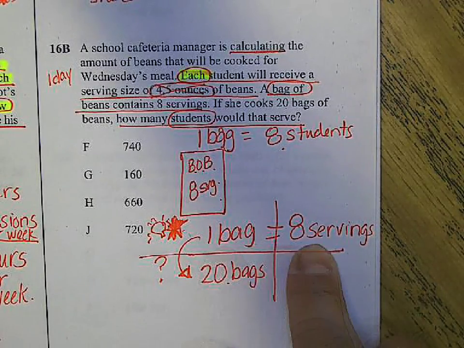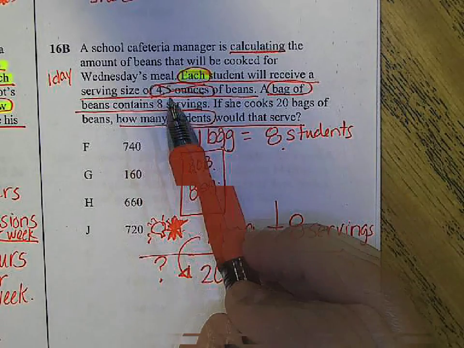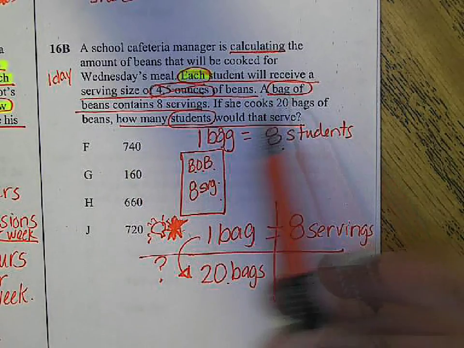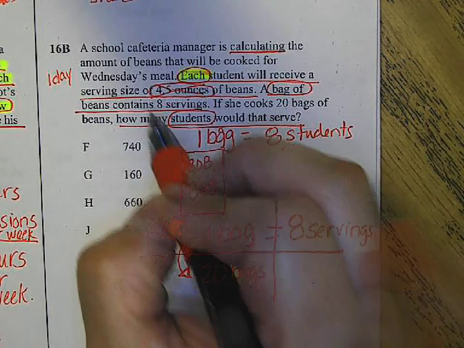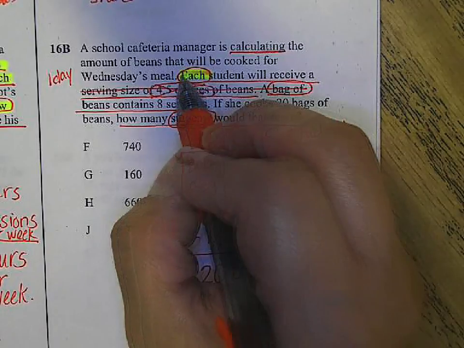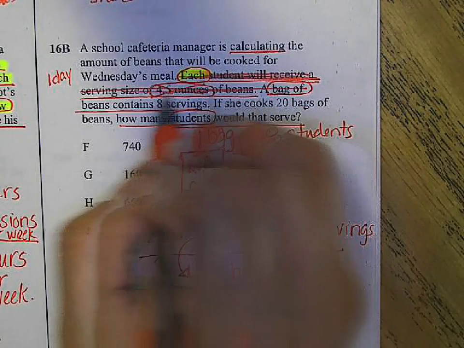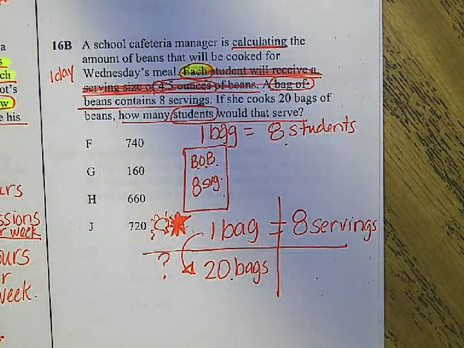So one bag gives me 8 servings because it says that. Each student will receive a serving size of 4.5 ounces. A bag of beans contains 8 servings. All of this, not the a bag. You hear? This was just to throw you completely off. Okay? Trying to confuse you. Again, this is that rigor part.